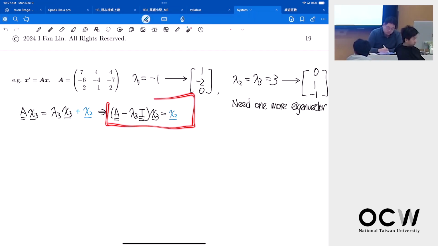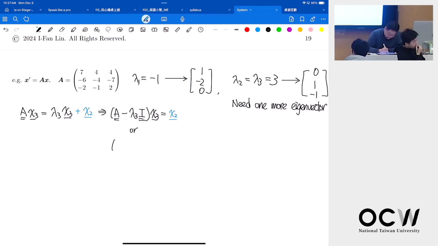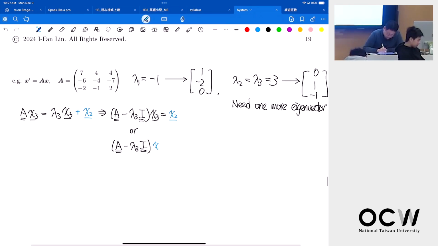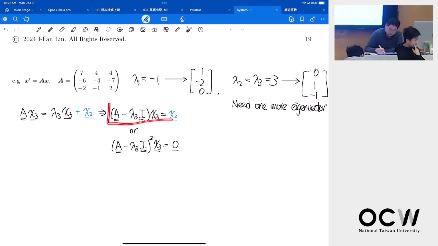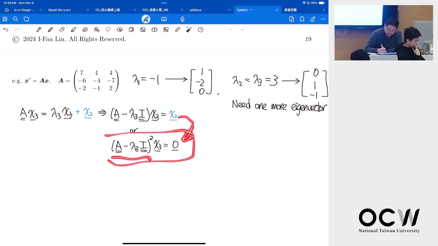Use this equation to find your eigenvector. Okay. You can either write the square times x3 equals a 0 vector, but I strongly suggest that you use this equation to find your eigenvector.